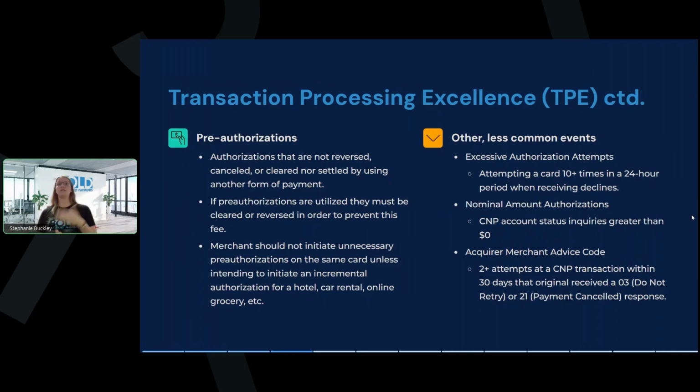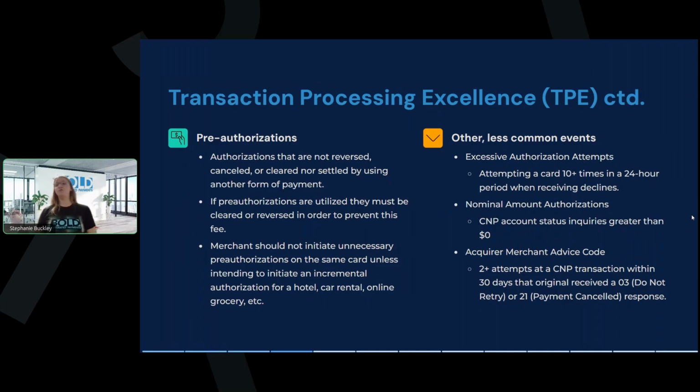The insufficient funds decline code means they don't have money in their account right now to cover this transaction. They might be able to later, right? You wouldn't want to attempt 10 or more times in 24 hours to try to get the money to come through. But there are ways that you can reattempt declined transactions in those large rekey situations.